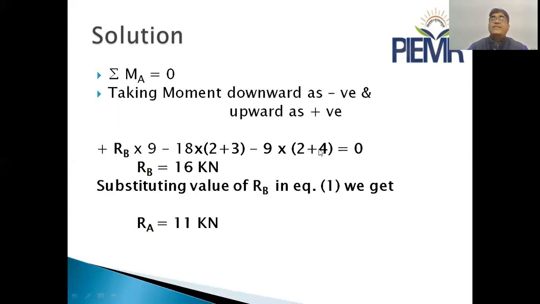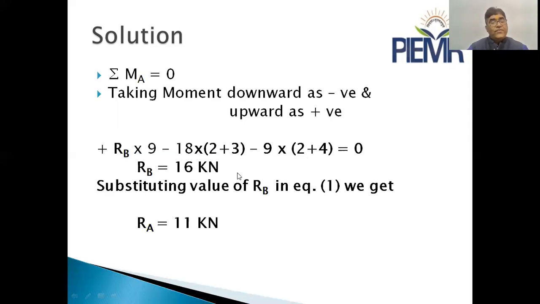Therefore 2 plus 4 that is 6, and 9 into 6 comes out to be 54. Therefore the total sum comes out to be 90 plus 54, that is 144, and finally we find RB equal to 144 divided by 9, that comes out to be 16 kilonewton.